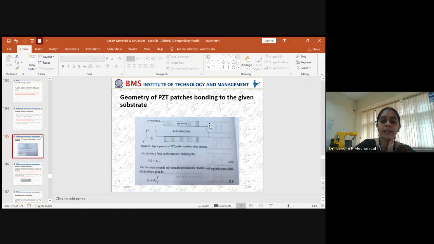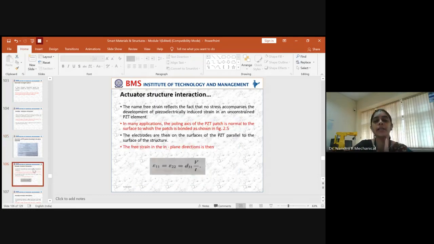Electrodes are nothing but the silver paste you apply across the top and the bottom, and they should always be parallel to the base structure. So always apply the electrode across the plane in which the base structure is aligned. That is, the electrode you apply should be parallel to the base structure. So this is the second thumb rule you have to understand.